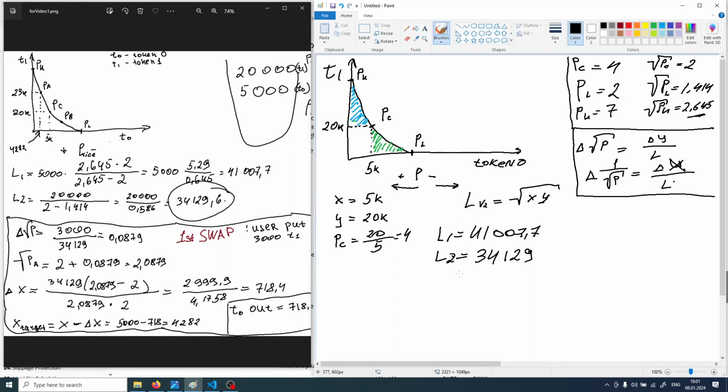So we choose from these values. The minimum, obviously, is 34,000.